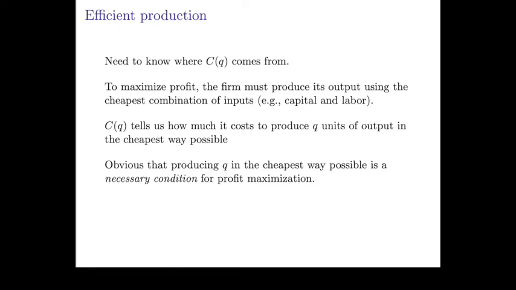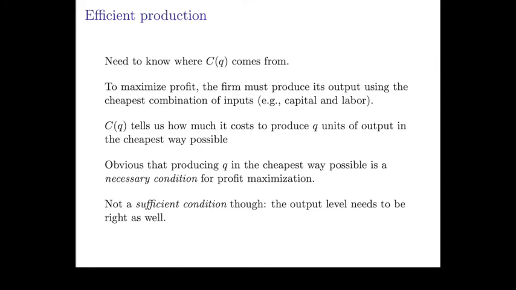You might be picking the wrong level of quantity. So it's not a sufficient condition. So in order to be maximizing profit, not only do you need to be producing whatever you're producing as cheaply as possible, but you also have to be producing the optimal quantity.